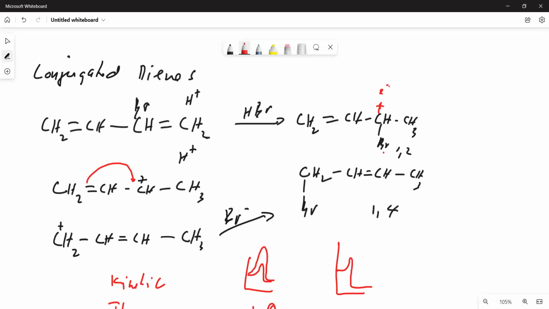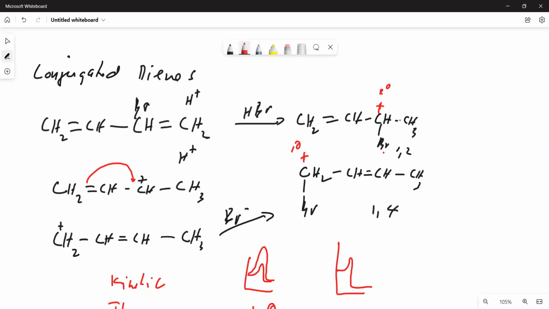So you have a secondary allylic carbonium ion. But here, in the 1,4, this is the carbonium ion, which is primary. And we know that the secondary is more stable. So that's why it has a lower activation energy and therefore can easily be formed compared to the 1,4.